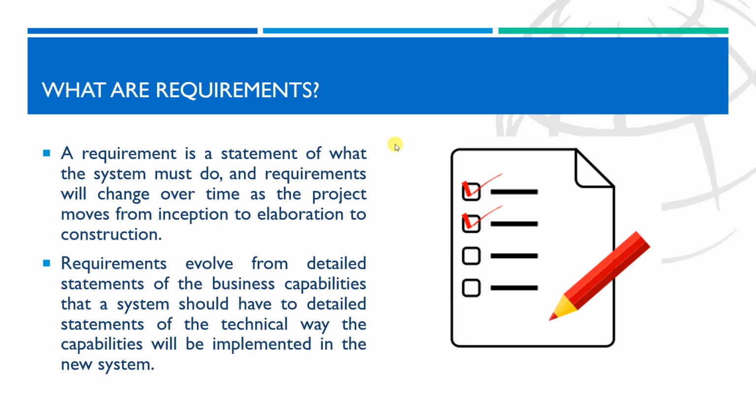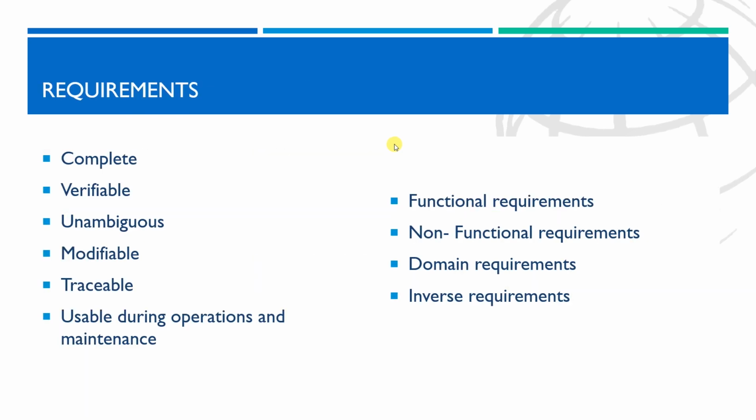A good requirements specification is complete, verifiable, unambiguous, modifiable, traceable, and usable during operations and maintenance. This requirement specification produces good projects.